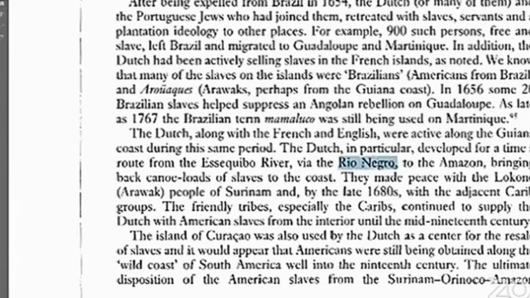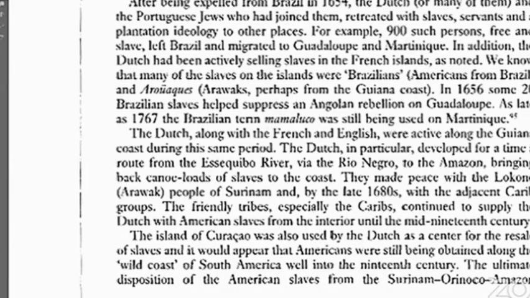It was originally called the River Niger, or Negro, to the Amazon, bringing back canoe loads of slaves to the coast from the Amazon, slaves, not from Africa. They made peace with the Locono, Arawak people of Suriname, and by the late 1680s with the adjacent Carib groups. The friendly tribes, especially the Caribs, continued to supply the Dutch with American slaves from the interior until the mid-19th century.